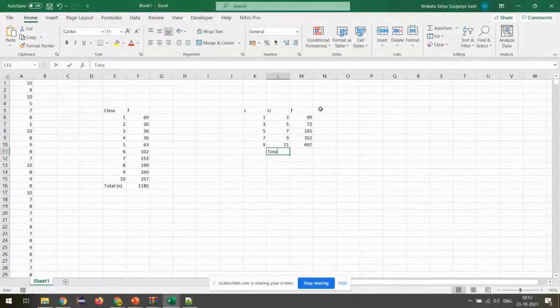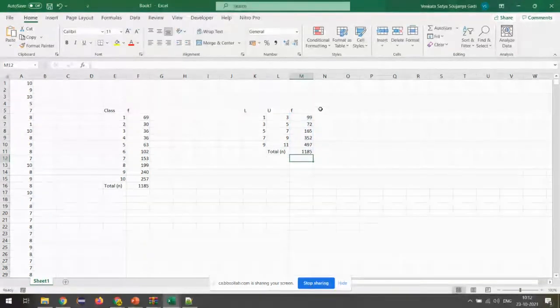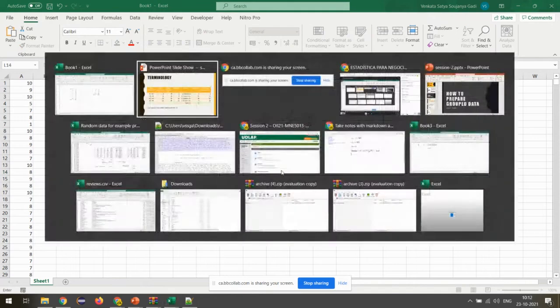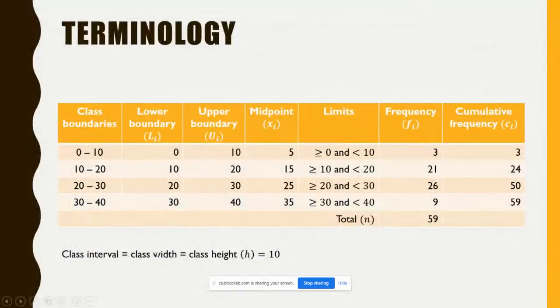And now let us do this. The total is n again, which is the sum of all this, which is 1185. There are 1185 users who reviewed the Squid Games, and this is the group data. And from this we can find what is H. H is the class height or class width, or the difference between upper and lower boundaries.